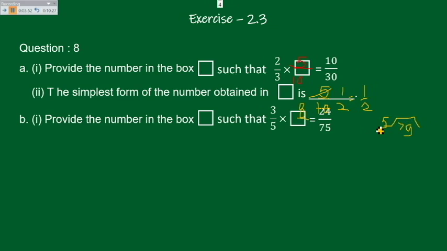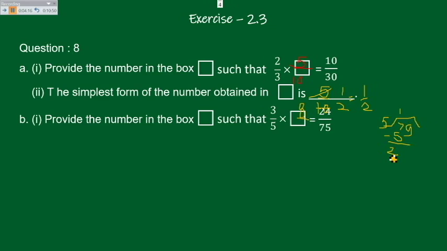Okay. Now see. Definitely we'll get 1 here. 5 on the 5. So what will be the remainder? The remainder is 2.